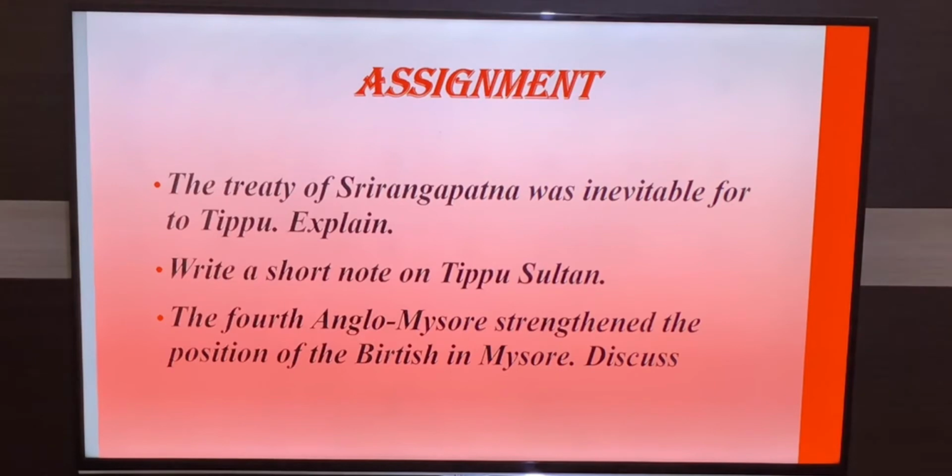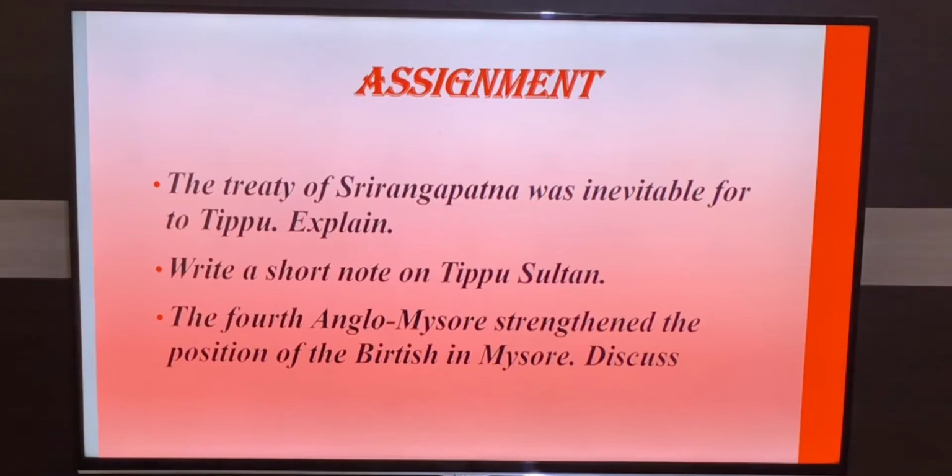Next, he had to pay 3 crore rupees as war damage fee. As he was not able to pay 3 crore rupees, he was forced to pledge 2 of his sons to the English. Later, he had to release the prisoners of the war. So these are the 4 conditions you have to write regarding the Treaty of Srirangapatnam.